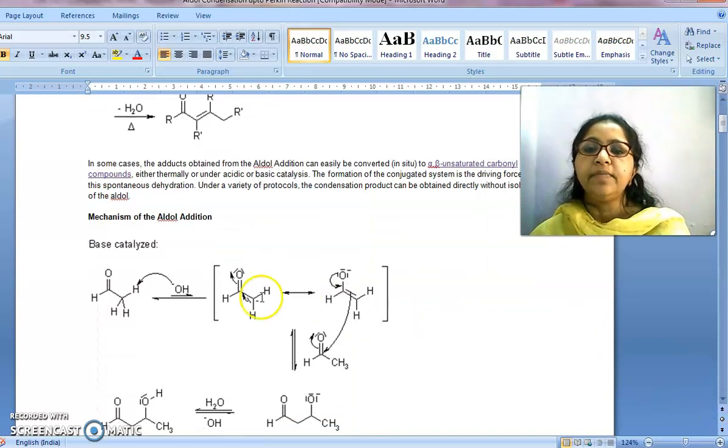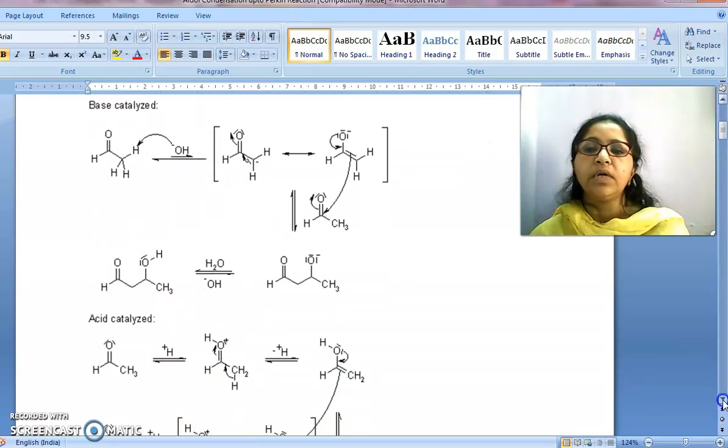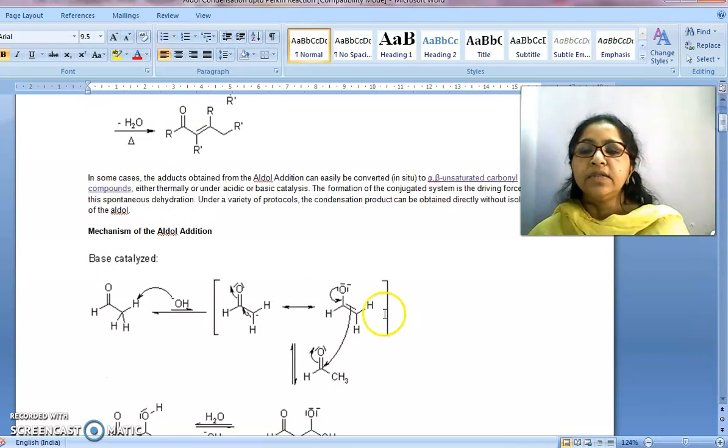In the first step, it can be base catalyzed, and it can also work in the presence of acid. Let us first see the base catalyzed, meaning the base will be the catalyst. The base first takes one H from the alpha position and gives a carbanion. This carbanion can resonate with the carbonyl group, so it is stable.